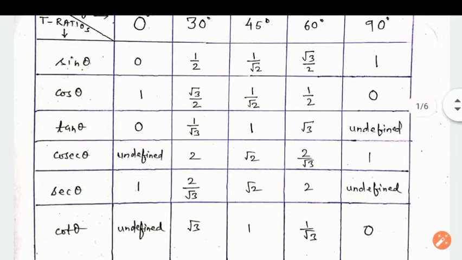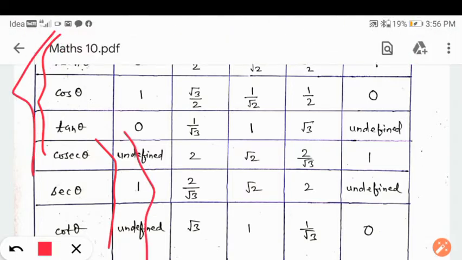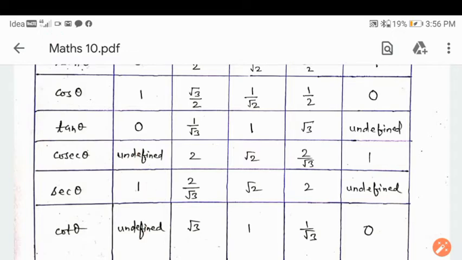And how are you all going to memorize this? You need to memorize the first 3, sine, cos, tan, and with the help of that you will memorize the other 3, because all these 3 are what? They are the reciprocals of the first 3, right? That is why.